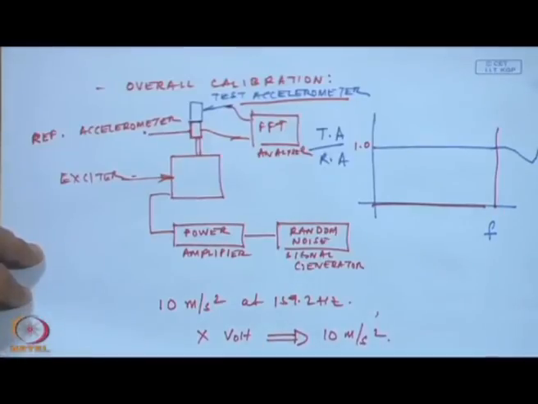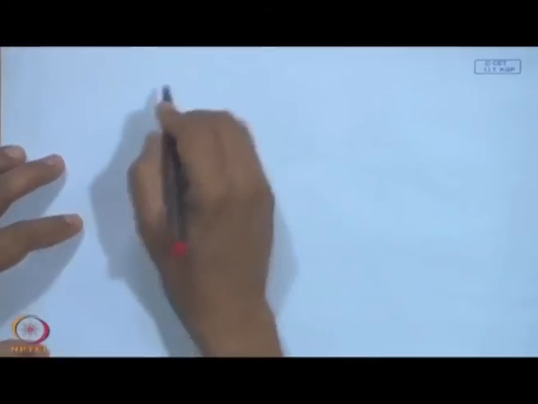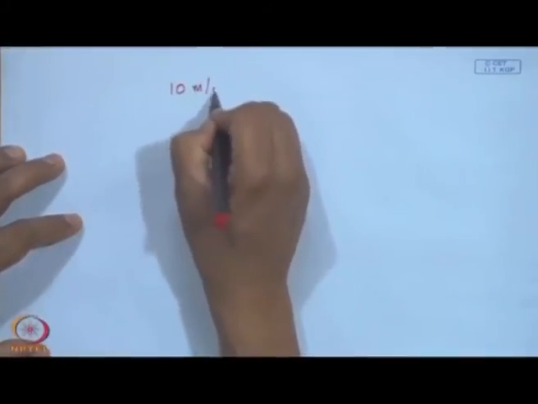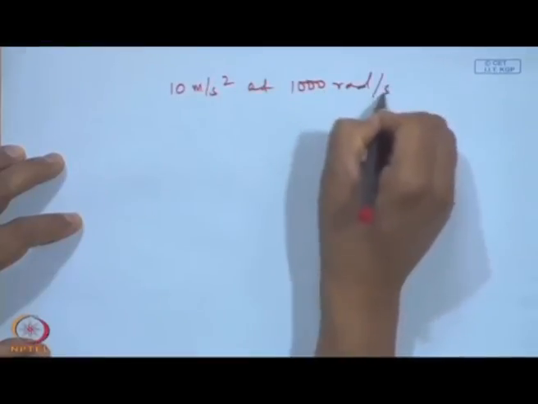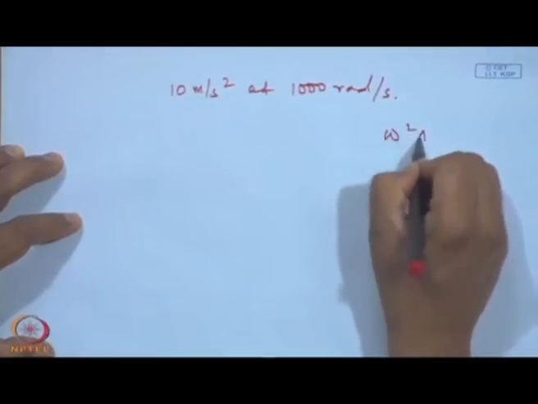Okay. So, this is very important, and as you know, there is a relationship between this 10 meters per second square at 1000 radians per second. Now, omega square a is the acceleration.